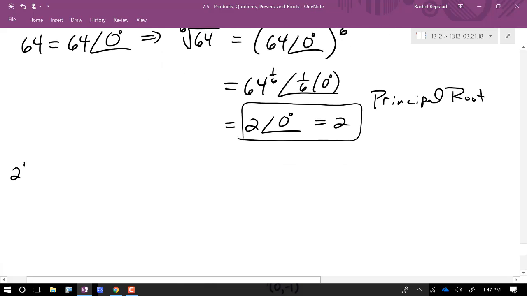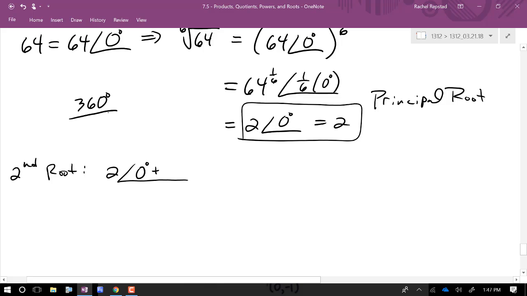So let's get the second root. We know it's going to have the same modulus of 2. How do we get the angle? 360 over 6. So what we do is we take the angle we had from our previous root, in this case 0 degrees, and we add 360 divided by 6.